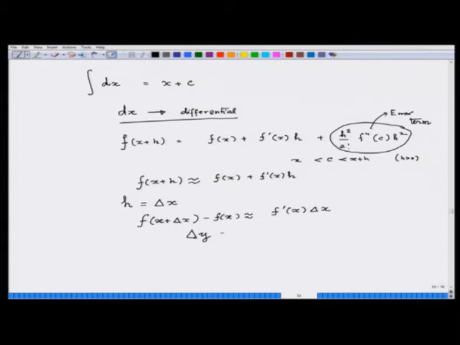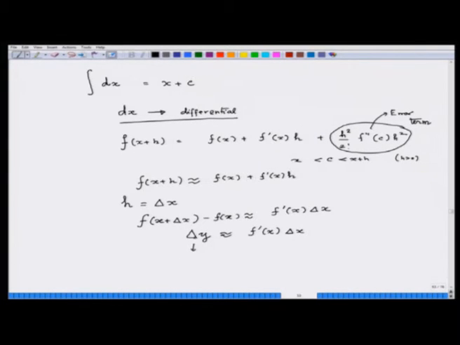So, it tells you that the change in the dependent variable is nothing but the derivative, this is your d by dx of f, or this is your dy dx basically, into the change in the dependent variable. So, change in the dependent variable is the derivative into the change in the independent variable.